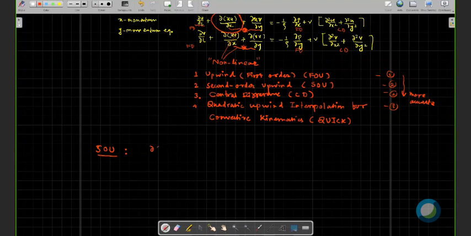So you have these terms. You have the U term, that is your convective term, and another term you have a variable term, that is del x. And these terms have to be evaluated as per our previous discussion.